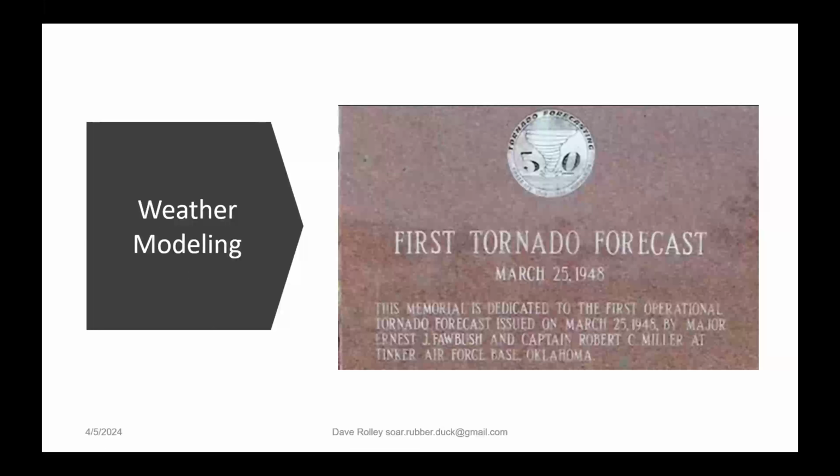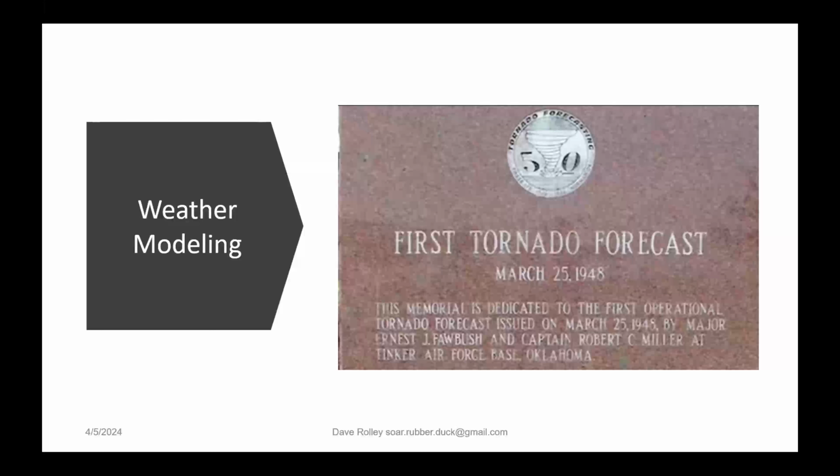It might be a pretty good guess or that kind of thing. A milestone was in March of 1948. On March 20th, a major tornado hit Tinker Air Force Base in Oklahoma. At that time, Tinker was a huge maintenance depot and storage for surplus aircraft.